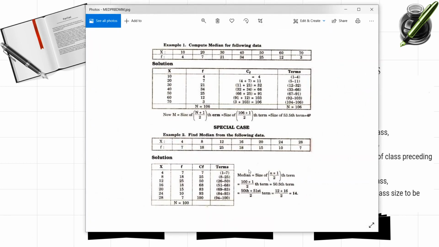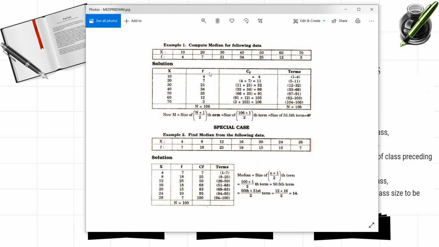How to find the cumulative frequencies: first of all, take the first frequency value as it is into the cumulative frequencies. And then to get the second cumulative frequency, you add the first two values in frequencies, that is 4 plus 7. Next, for the third cumulative frequency value, add the first three values, that is 4 plus 7 plus 21.